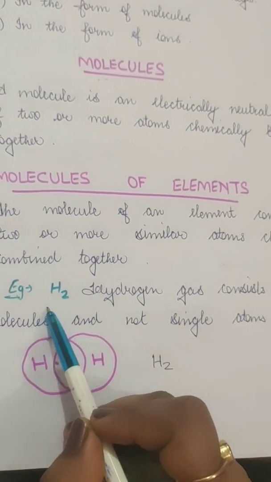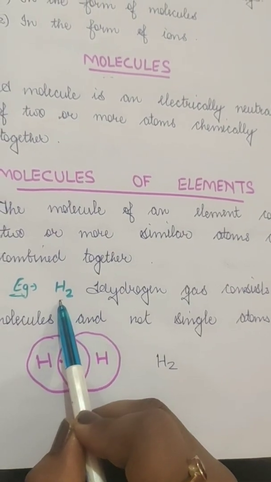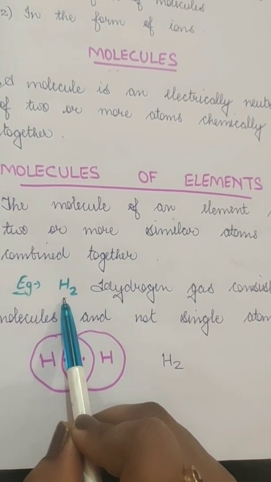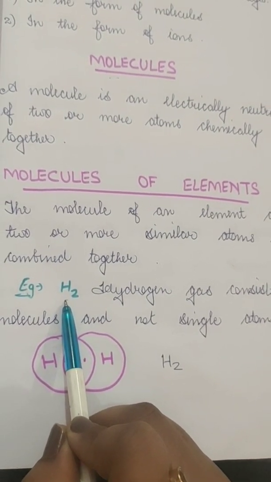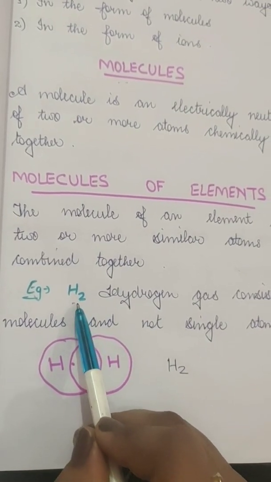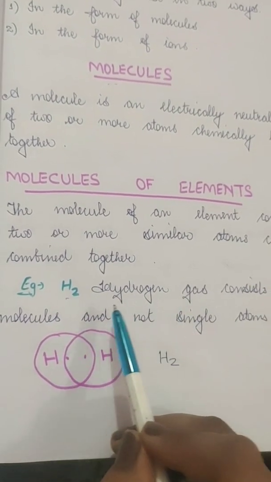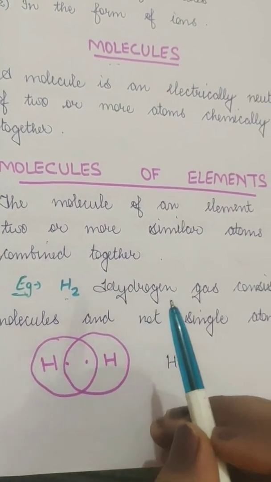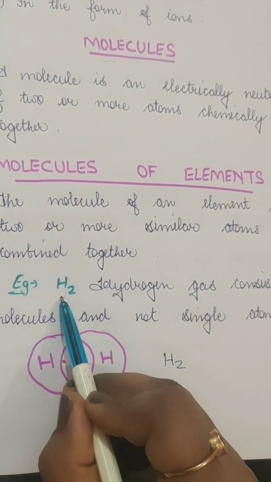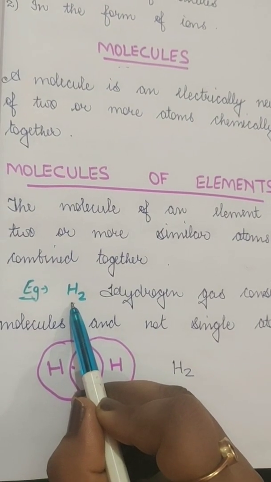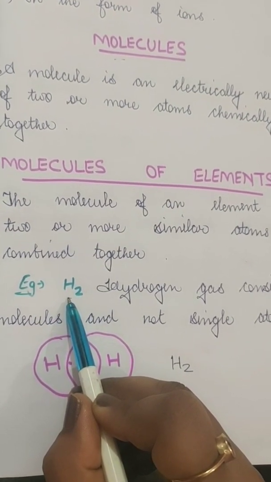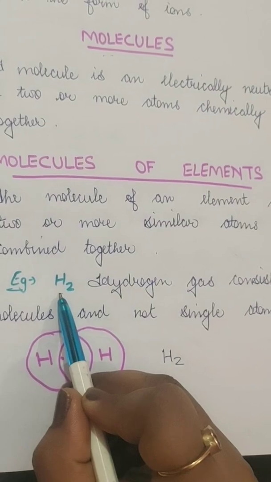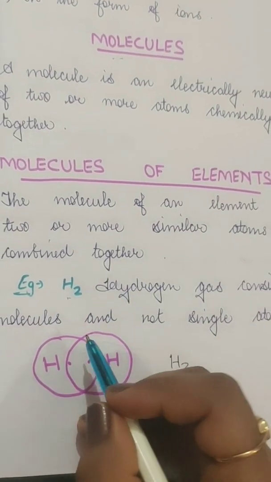Now this is hydrogen. I have written it as H2, whereas we have read that the symbol of hydrogen is only H, but here I'm writing H2, that is hydrogen gas. So when we write hydrogen atom, we just write H, but when we write hydrogen gas, it is written as H2. Like oxygen gas is written as O2, and nitrogen gas is N2.